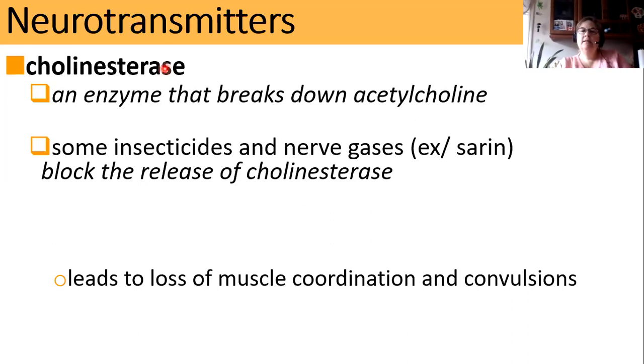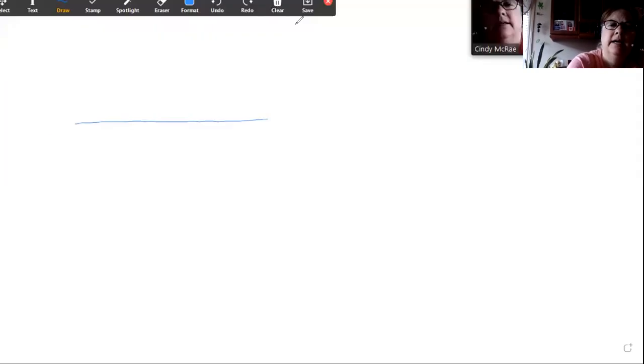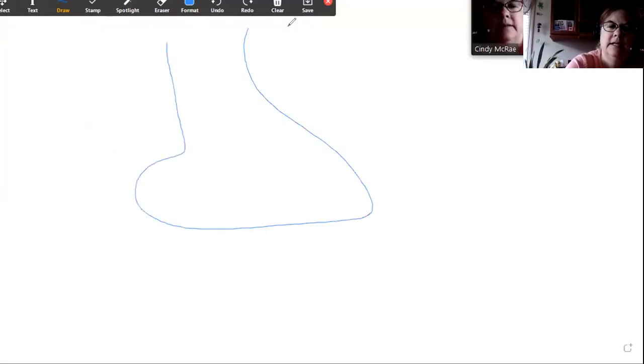So when we think about, let me just put up my whiteboard here. Okay. When we think about this, so here's my synapse, right? There's my synaptic knob. There's my synaptic cleft. And I'm going to just draw A's for acetylcholine.